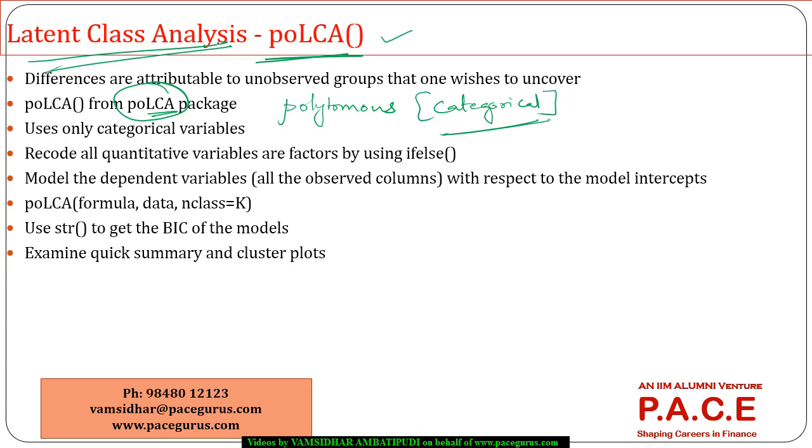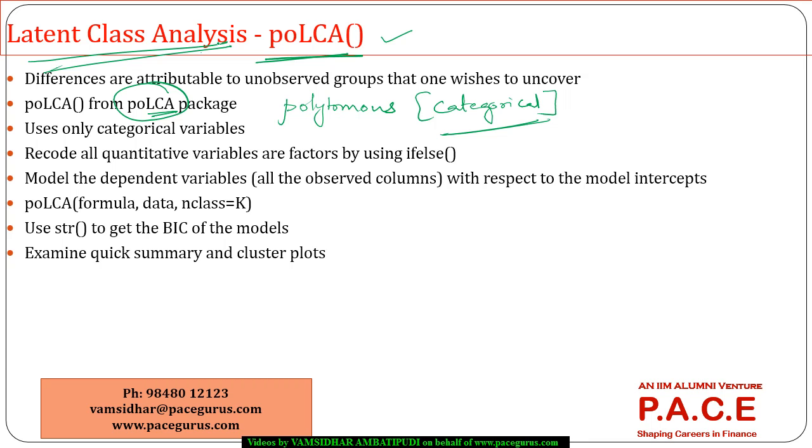So that is where we have a function called poLCA. And here also, just like any other model based clustering, we are talking of the differences being attributable to unobserved groups. So we have to really extract what those groups are. But this method typically assumes everything as categorical only.